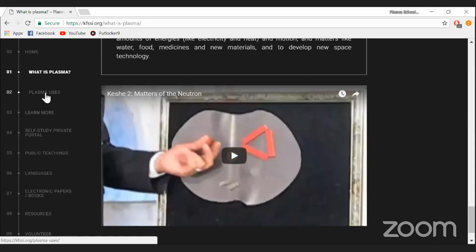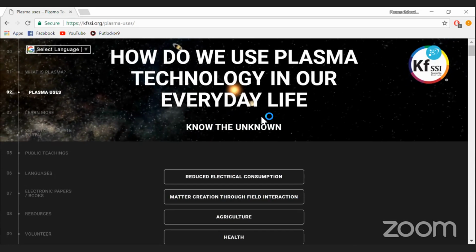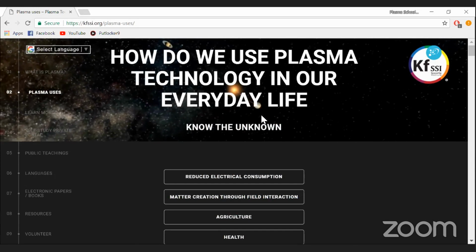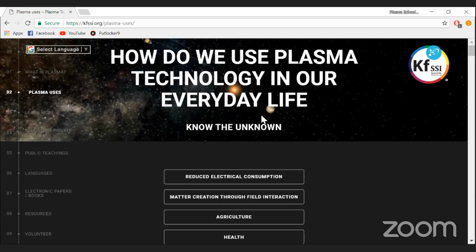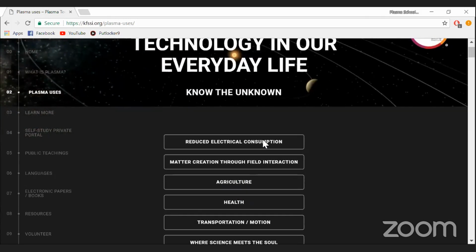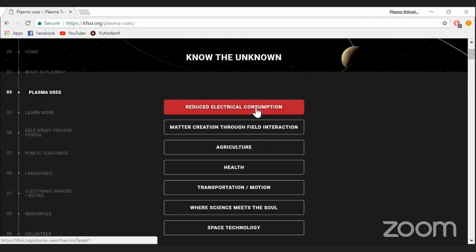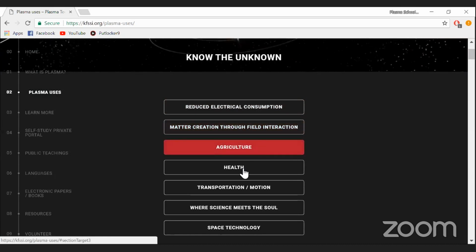Then if they're interested, we created the plasma uses page because, as a lot of us always like to know, it's all very nice to have this new science and technology, but how is it really going to affect me and my life? So down here, we've created certain topics: reduced electrical consumption, matter creation, agriculture, and health.